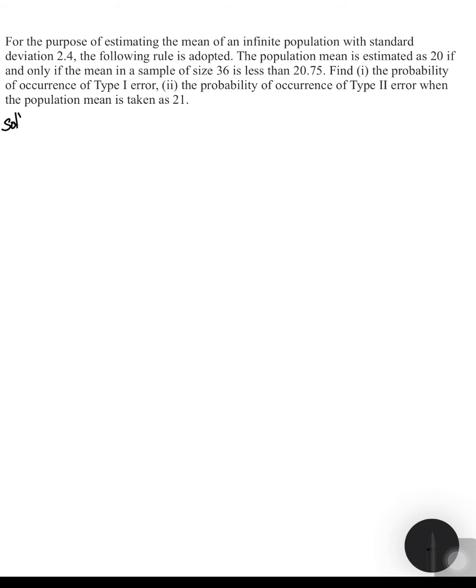First let us write down what is given to us. Standard deviation is given, which is sigma equals 2.4. The sample size is 36. And they say that the population mean is equal to 20 if and only if the sample mean is less than 20.75. First let us look at the first case.